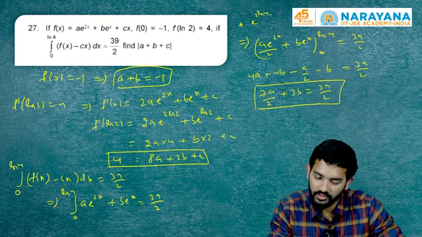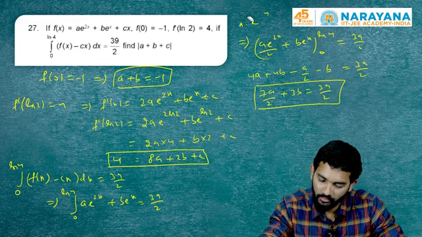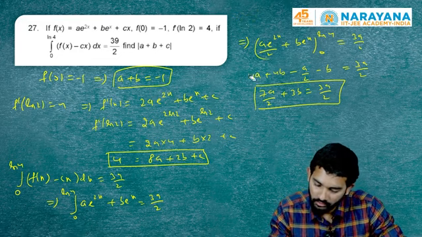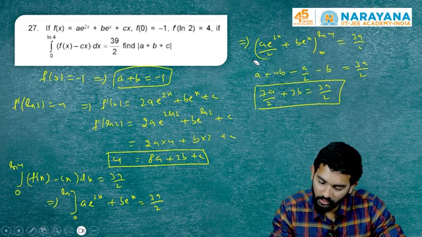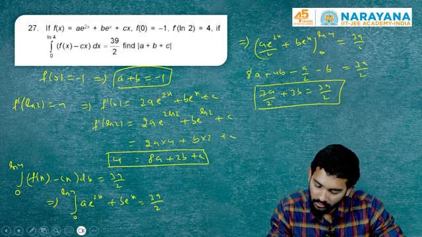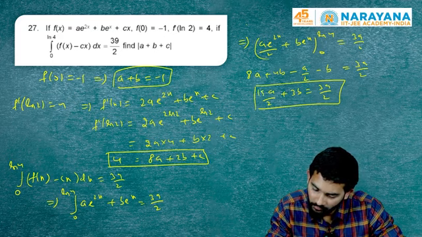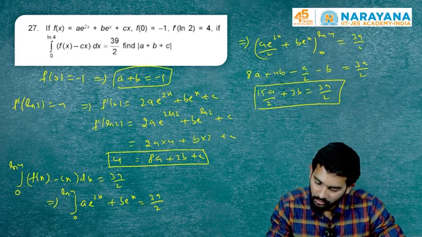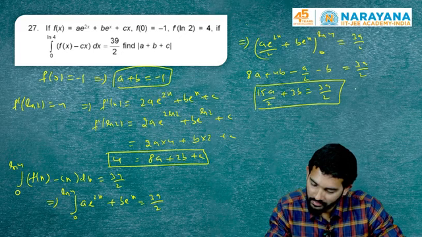So 4 square, this is 16 actually. Yes, I made a mistake here. So this will be 16 by 2, 8a. So then this will be 16 minus a, 15a by 2. So if I cancel 3, this will be 5a by 2 plus b equal to 13 by 2.